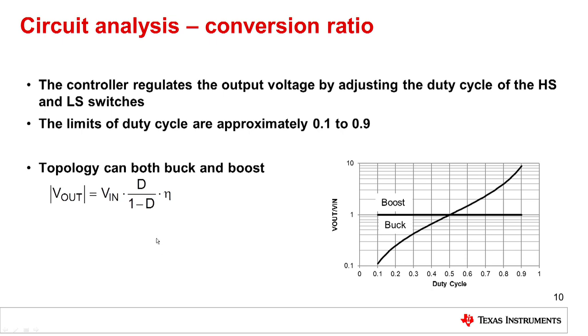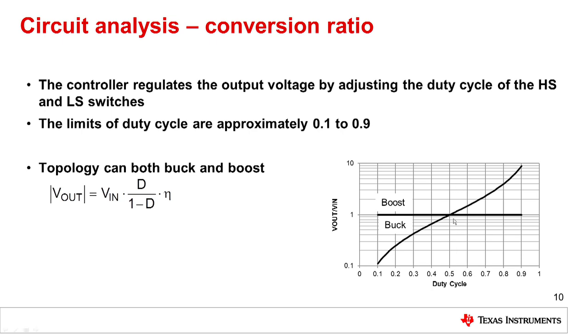Now, one thing you want to be aware of for this type of inverting buck boost is that the output voltage can be either lower or higher than the input voltage depending on the duty cycle. That's a little more clearly shown in this graph on the right-hand side of the slide. At a duty cycle of 50%, the input and output voltages are equal in magnitude, only the output voltage is now the negative of the input voltage.